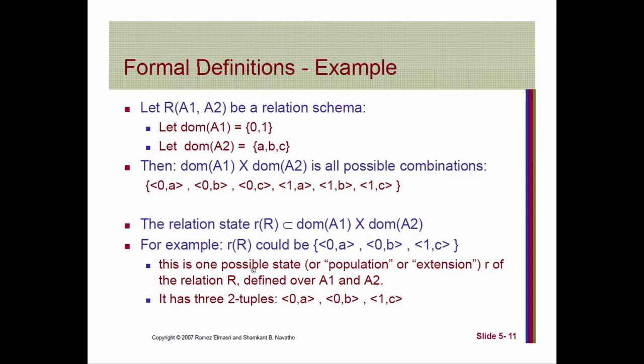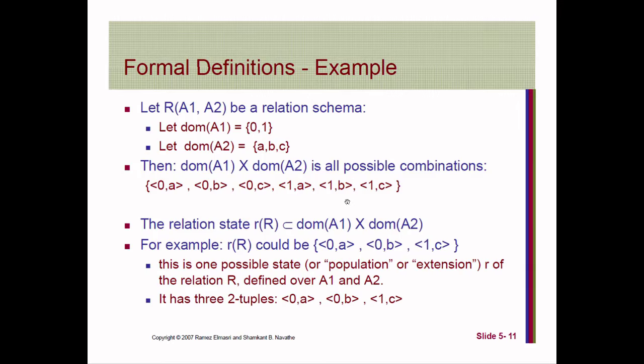For example, the small r represents the relation state and capital R is the name of the relation. Let's say currently in the relation there are three tuples: 0A, 0B, 1C. Now notice that these three elements are already in this set. So we can say that the relation state is a subset of this set.